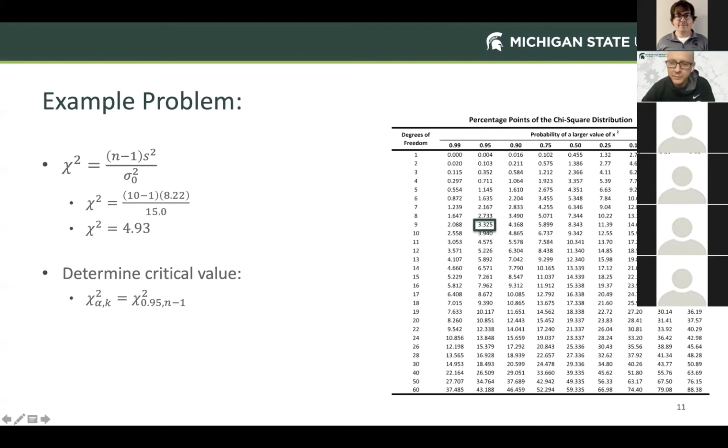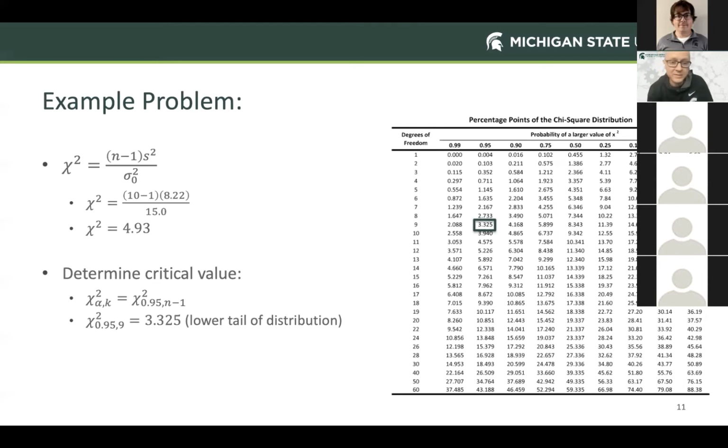If we were concerned with the upper tail of that distribution, we'd be looking at chi-squared 0.05. In this case, we're concerned with the lower tail, so it would be chi-squared 0.95 with n minus 1 degrees of freedom. We had a sample size of 10 here, so we're reading across the line at 9 degrees of freedom. Okay. And so in this case, 3.325 is the value that we're interested in comparing against.